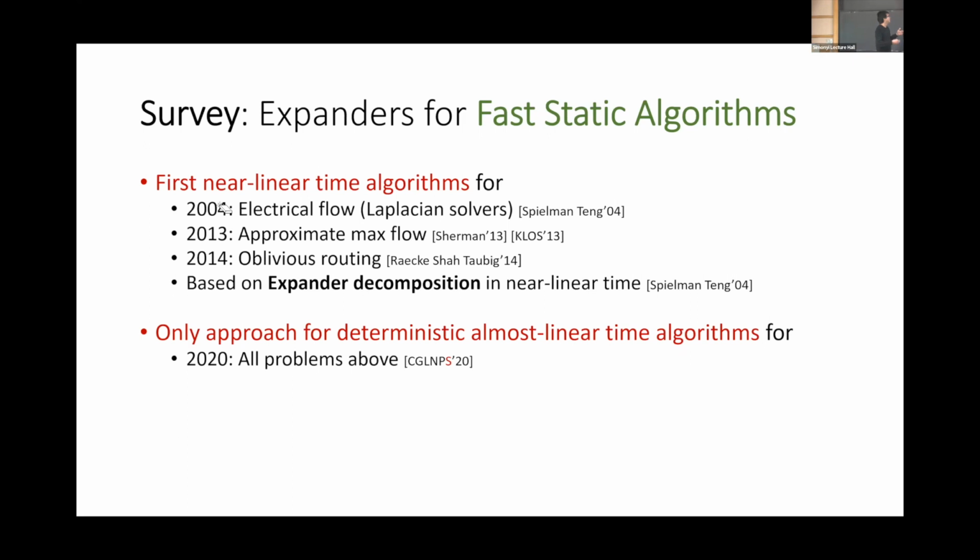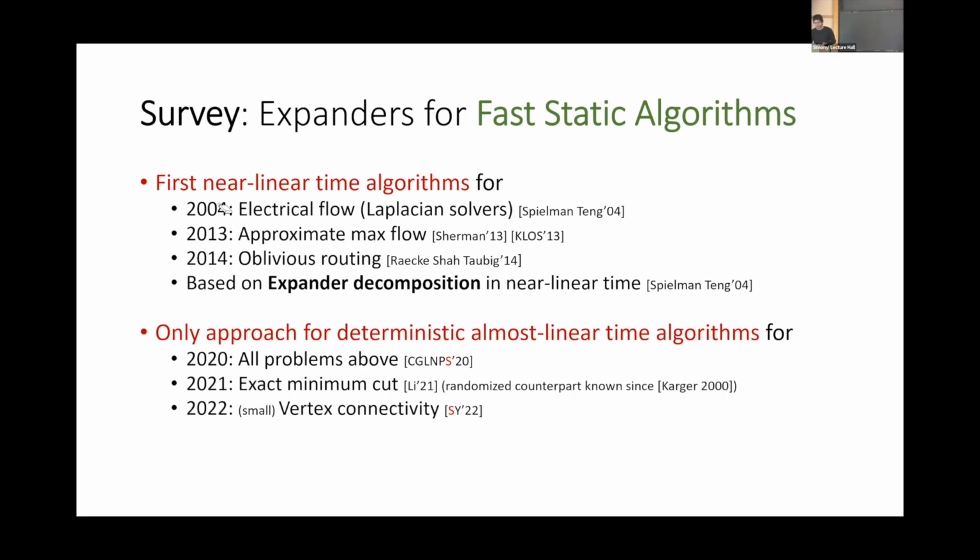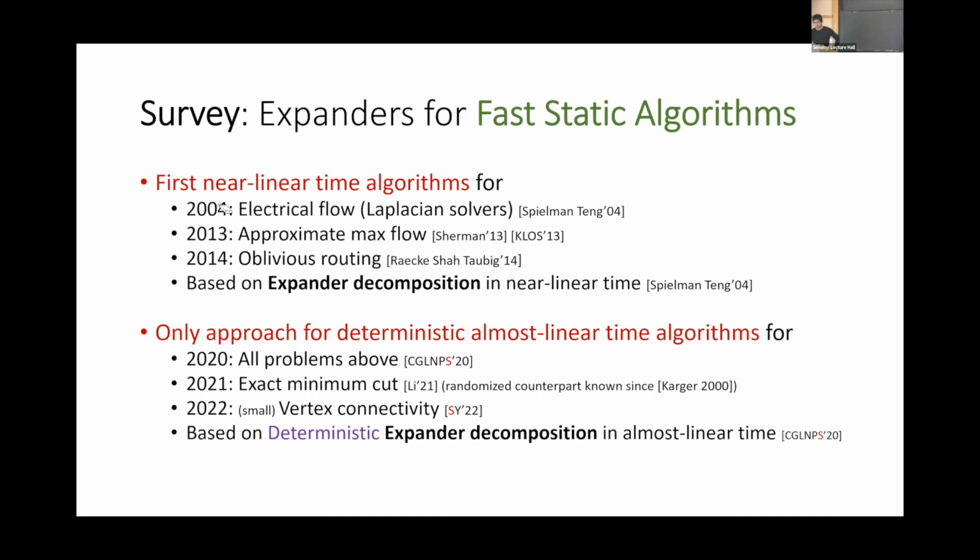And once you get the deterministic construction of this thing called expander decomposition, then everything is deterministic. So it shows that this thing is a core object in the area. And once people got that, there are more deterministic algorithms for important problems that follow, based on deterministic expander decomposition.